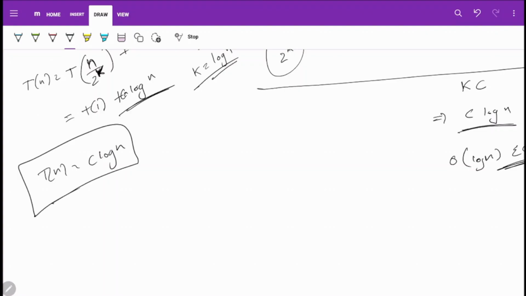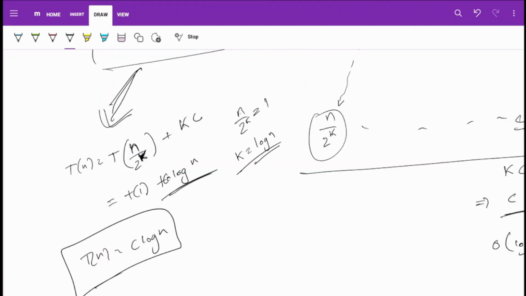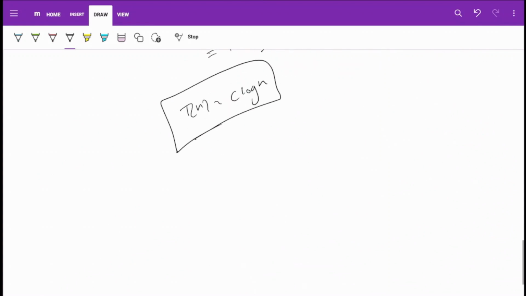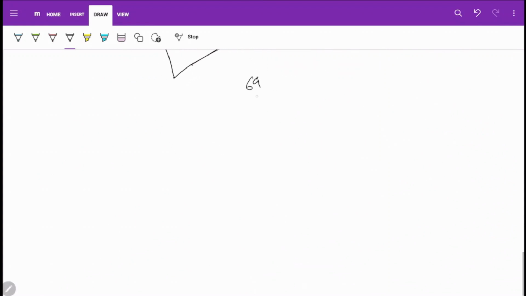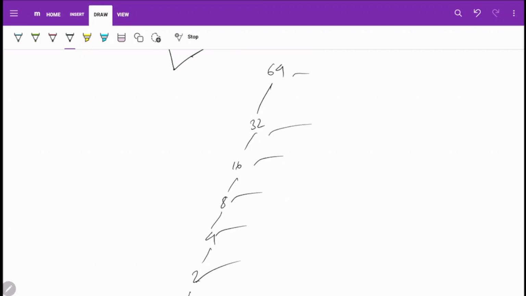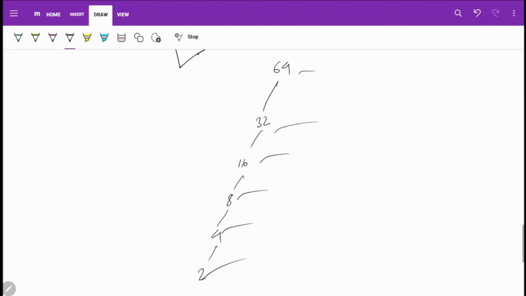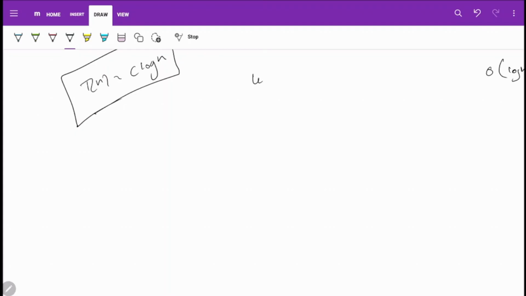From here we also can find the time complexity. How many levels will there be in this tree? If we have 64, we go to 32, 16, 8, 4, 2, 1. So 1, 2, 3, 4, 5, 6 levels. So we will have log n levels.